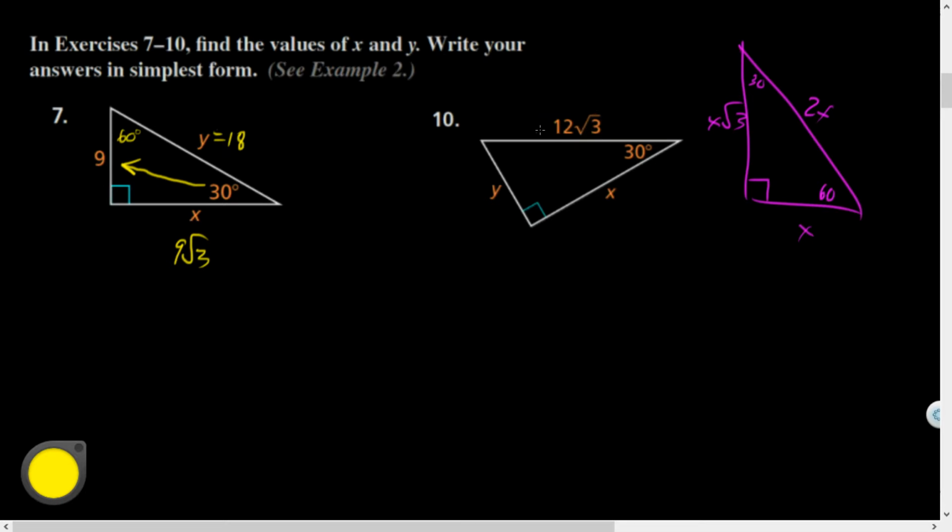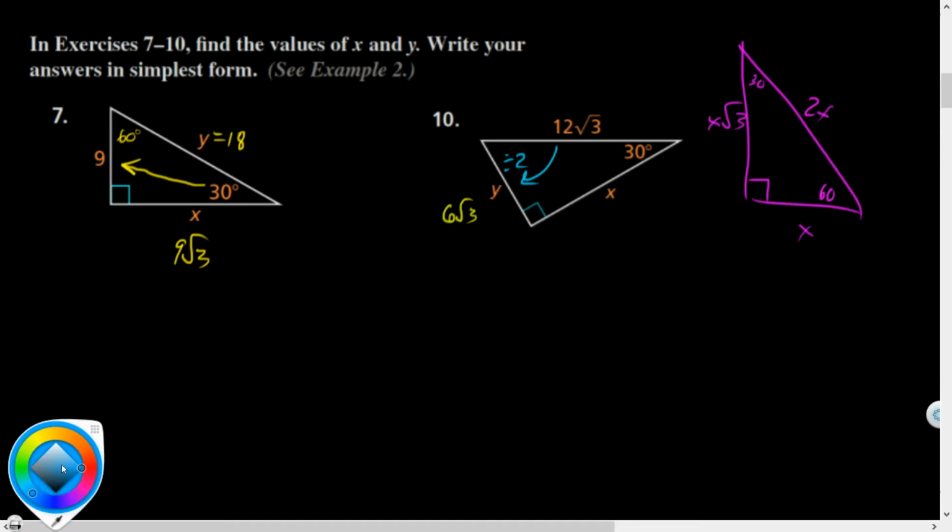Okay, to go backwards, so here I'm starting at the hypotenuse. It's opposite the 90. Oh, there we go, I undid that. I'm going to divide by what? Yeah, it'd be really nice if I could have divided by the square root of 3, but... so what's that going to be? 6 rad 3.